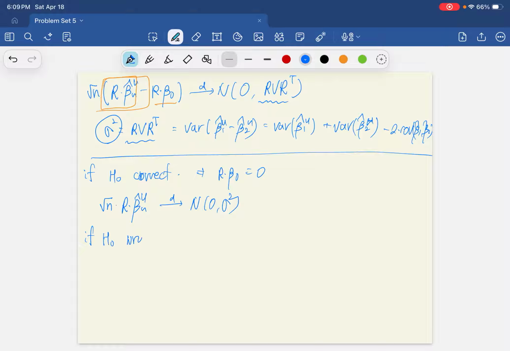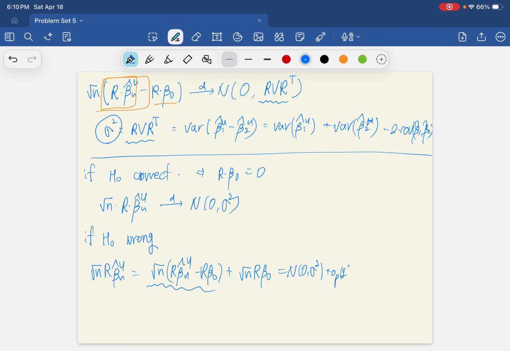But let's think about it. If H0 is wrong, then what you can calculate is R times beta hat U, and you have to decompose this calculation into square root n times R times (beta hat U minus beta 0), plus square root n times R times beta 0. The first part converges to a normal distribution. But let's say R beta 0 is delta.